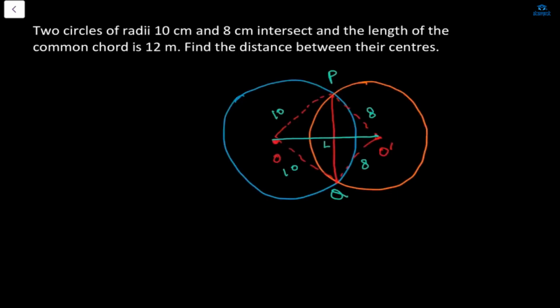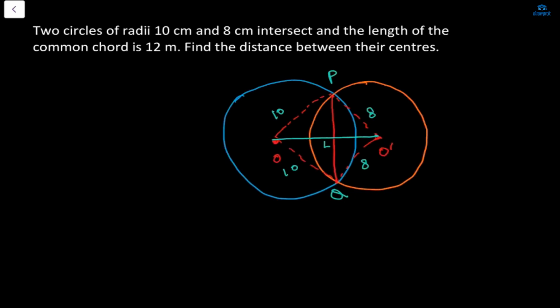Ma'am, can you just explain the question once again? Okay, see, you have two circles. They are touching each other. One circle's radius is 10 centimeter, as you can see in the diagram, and the other circle's radius is 8 centimeter.